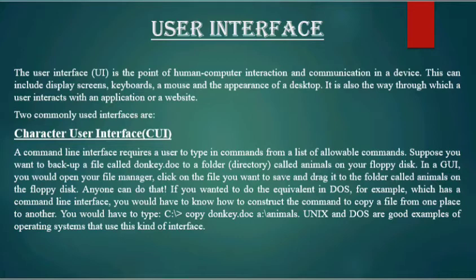So that's the difference between the user interfaces. Simply, user interface means the point of interaction between the user and the computer. Who is giving this point of interaction? It is given by the operating system.